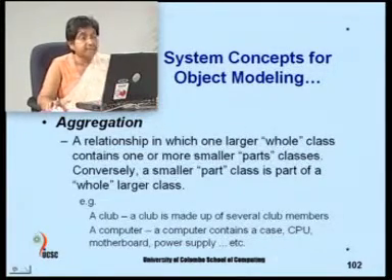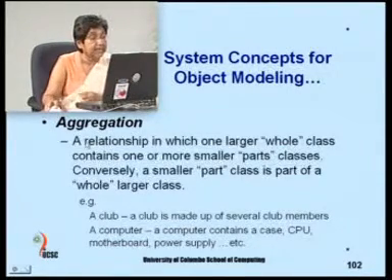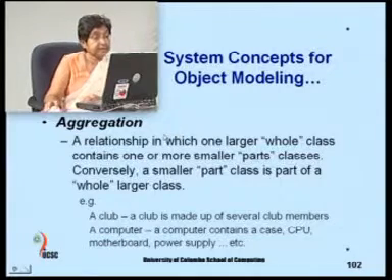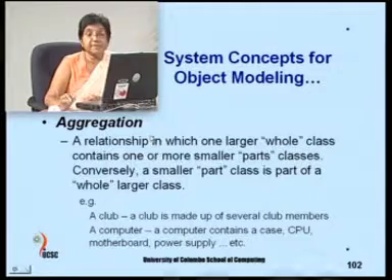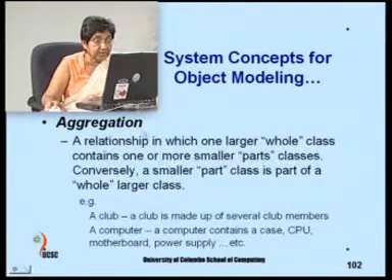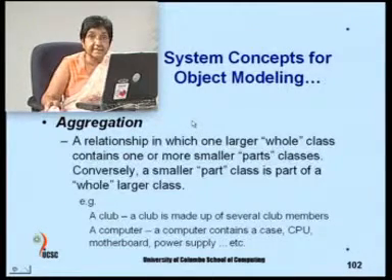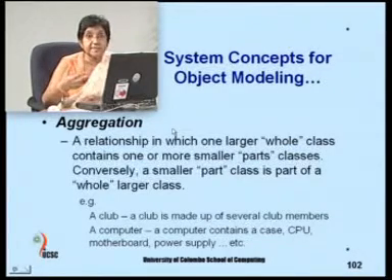Then another concept in object modeling is what is called aggregation. You might wonder why we are describing only these concepts without showing actual object modeling. It is because in another course you will be learning object modeling and design in greater detail, so we are introducing only the concepts at this point.